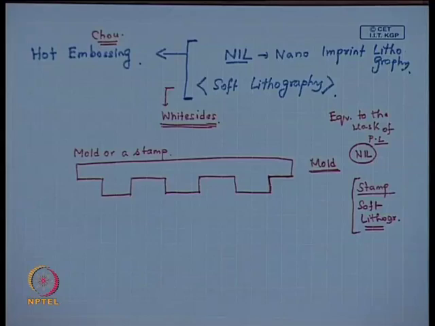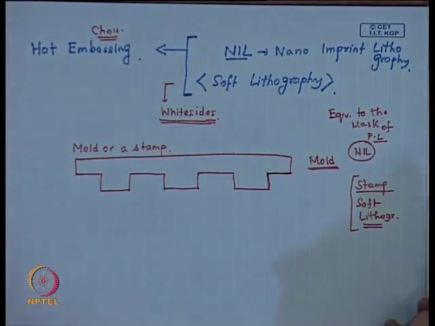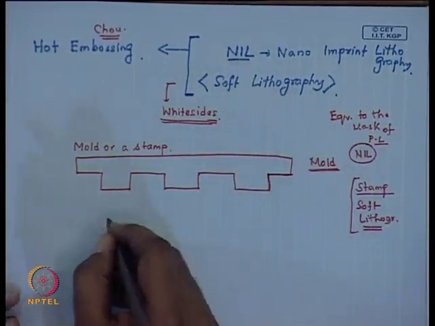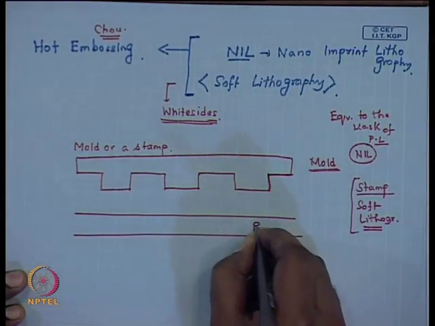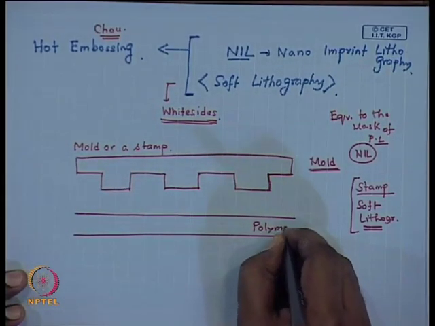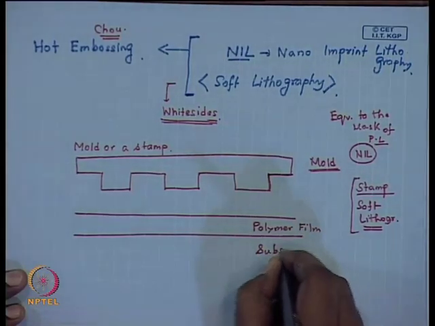Okay. Now, a photolithographic mask of course contains more of a 2D structure of the desired pattern you want to make. In contrast to that, a nano imprint lithography mold or a stamp actually contains a physical relief structure. So, you have these structures, this is the mold. What you do is you take a polymer film on a rigid substrate.